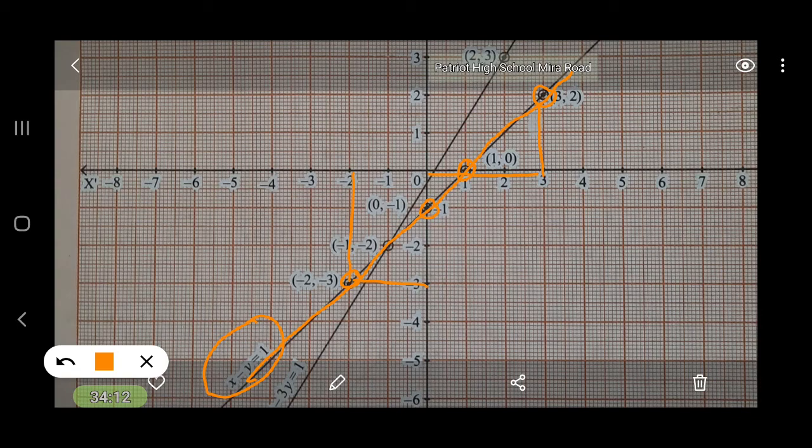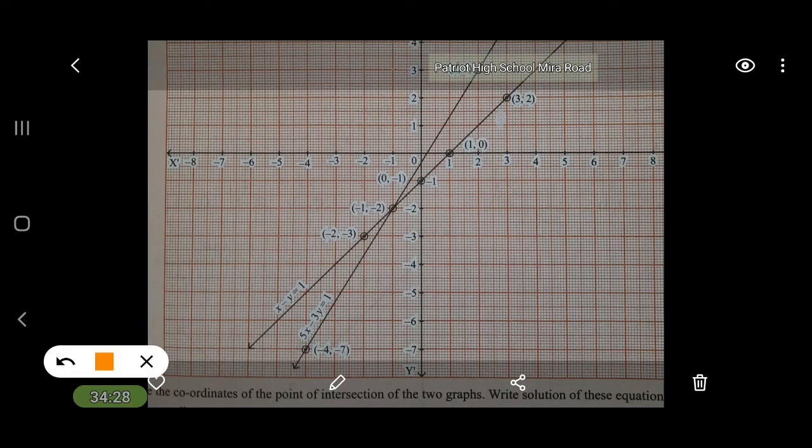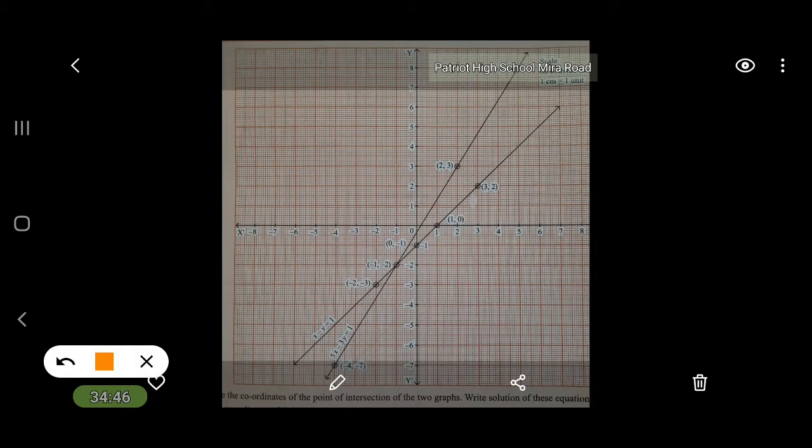Similarly, if you plot the other points for the equation 5x minus 3y is equal to 1.